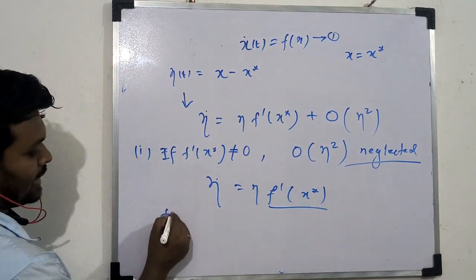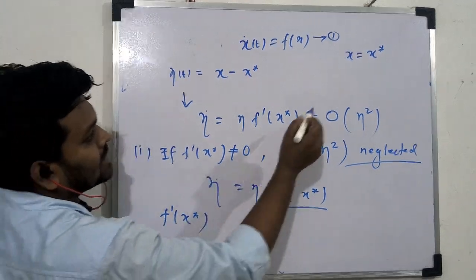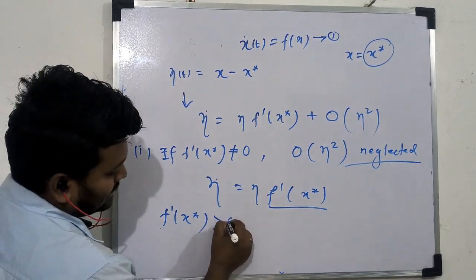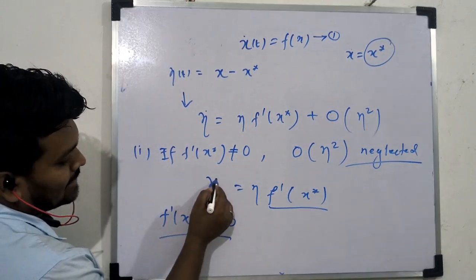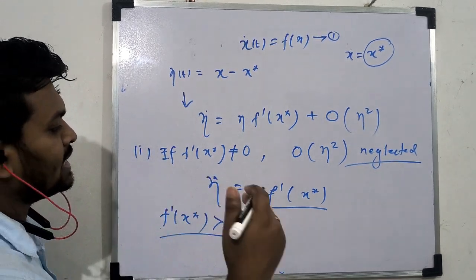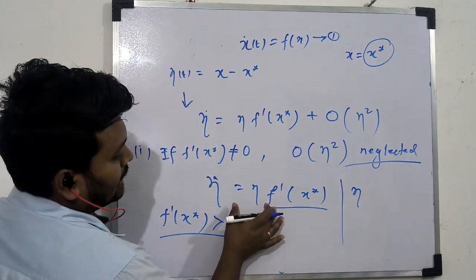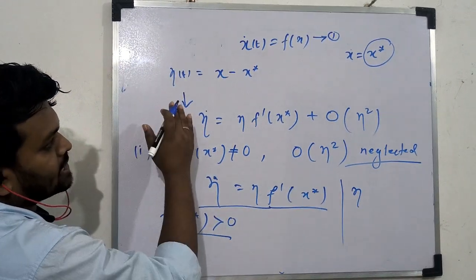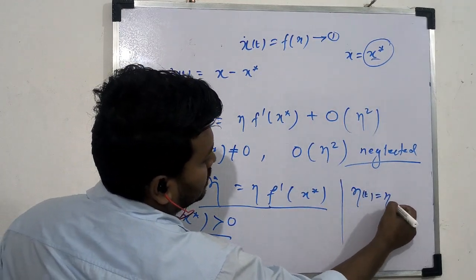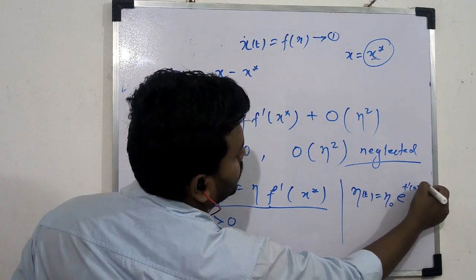So depending on the sign of f dash x star, we can say that this equilibrium point is stable or unstable. If this is greater than 0, we see that this perturbation eta will exponentially grow, because the linearization of the system about this equilibrium point gives the solution eta of t equal to eta 0 into e to the power f dash x star into t, if we solve this.